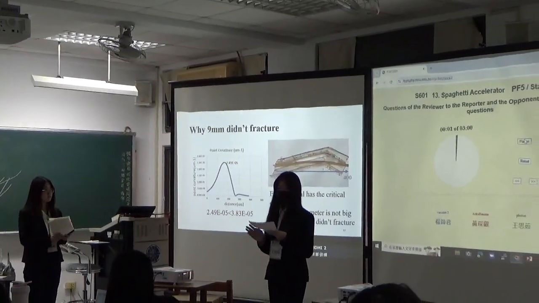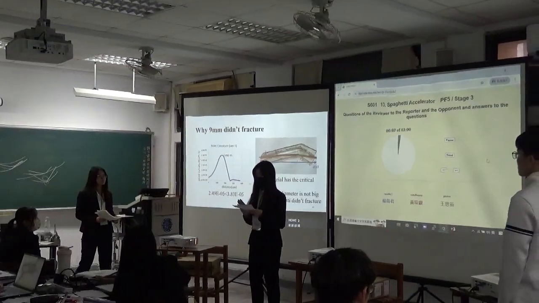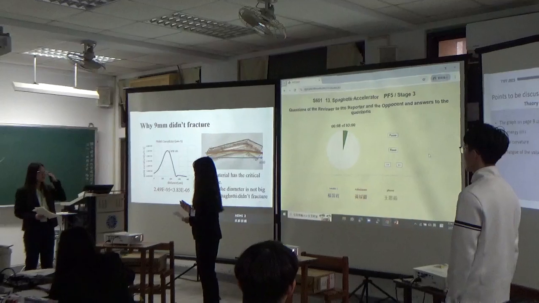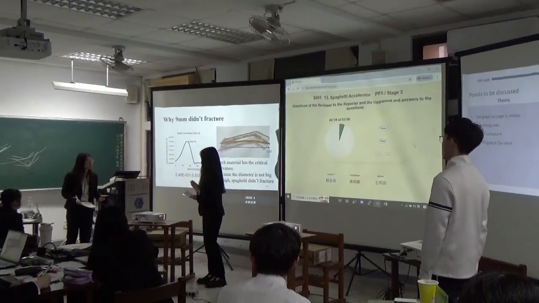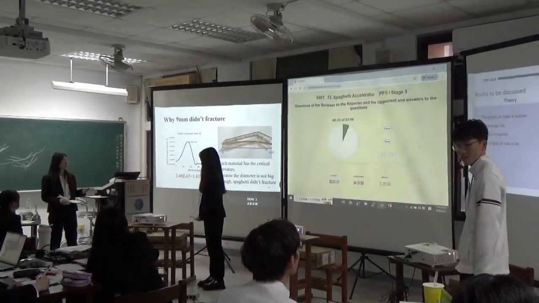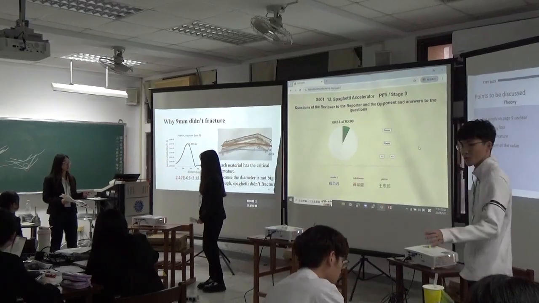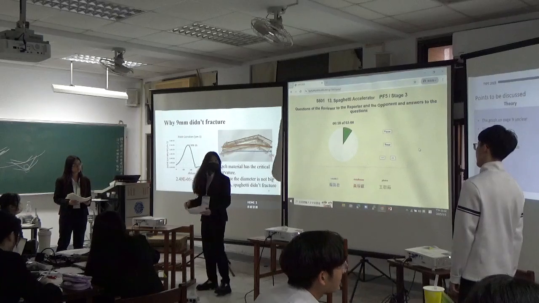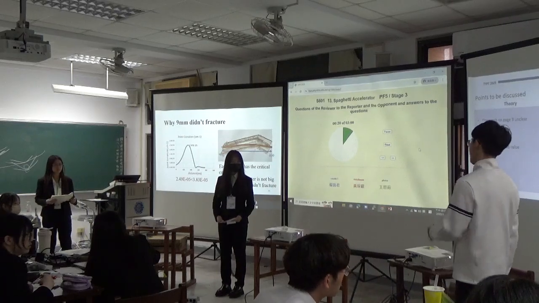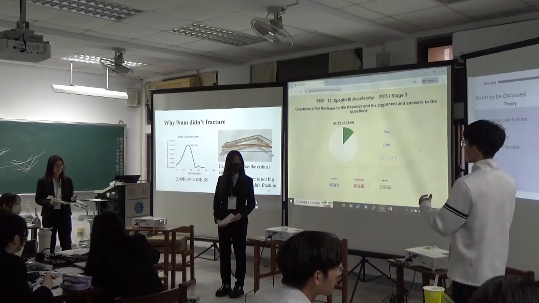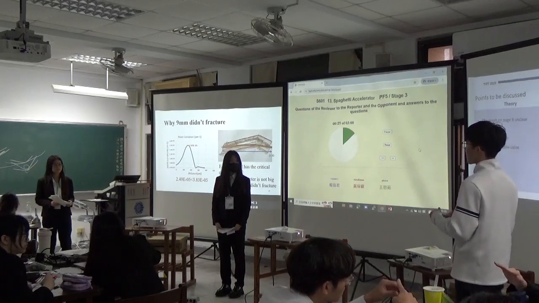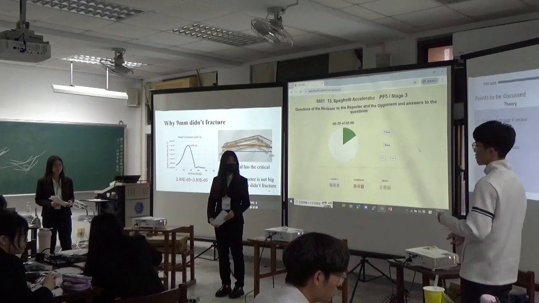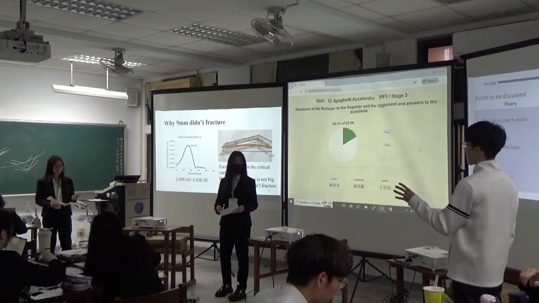And the question for both reporter and opponent: what factors cause the high speed in the problem statement? The spaghetti strain energy. I agree with that because the bending of the spaghetti has potential energy stored in it, so when it releases, a large portion of it will be carried by kinetic energy.